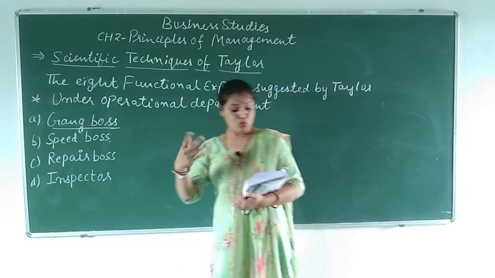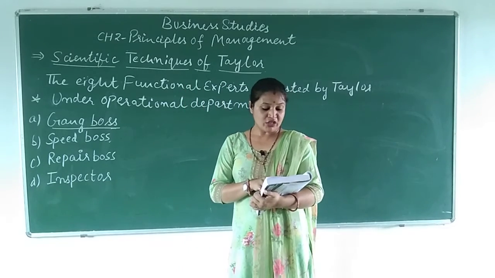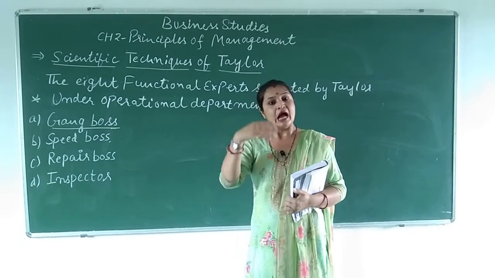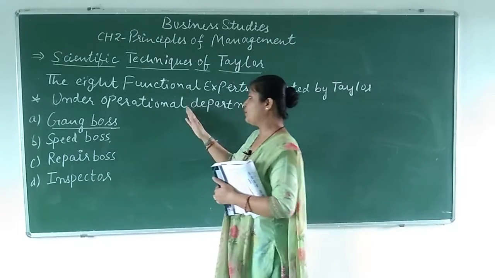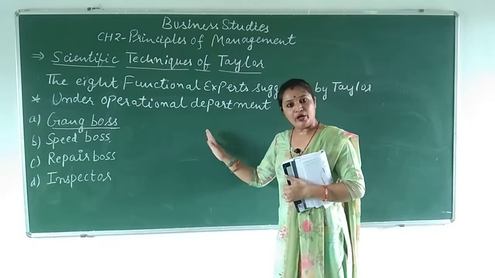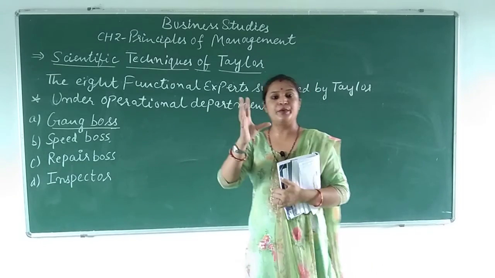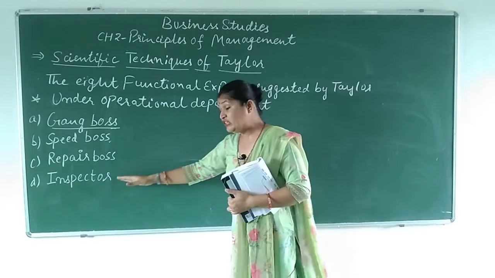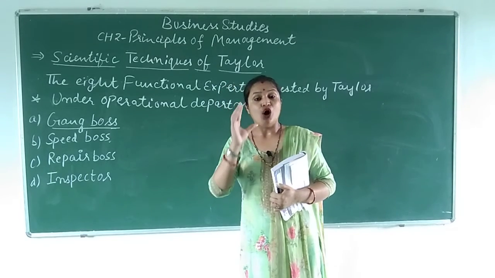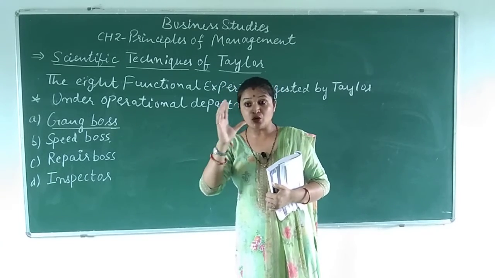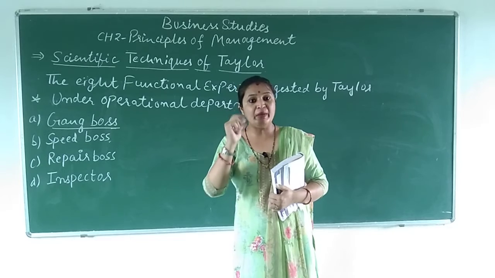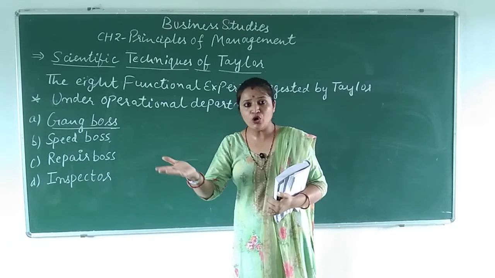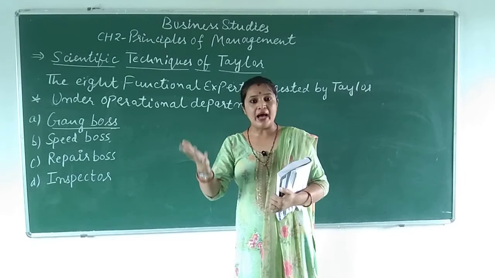Inspector. What does he do? This boss keeps a check on quality control of the output. Output means whatever production is taking place. Suppose they are producing bread. He will check the quality of the product, that the quality of the bread should be good, because that product will go out into the market.